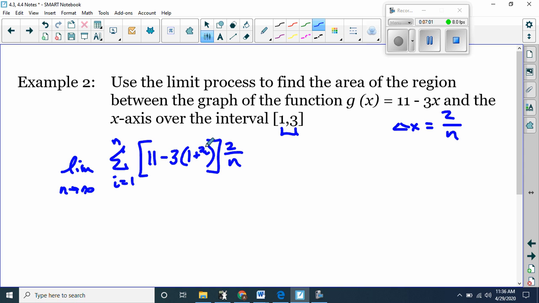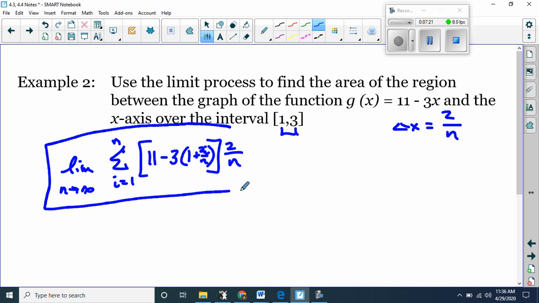That's going to say 2i over n. I'm squeezing it in there. So that would be the setup. Again, you could find that actual area by distributing the 3, combine like terms, distribute 2 over n, and use your summation rules to find what that area is. We're just going to do the setup right now.